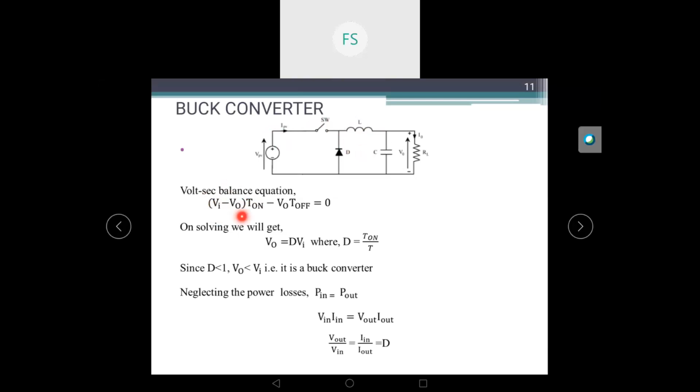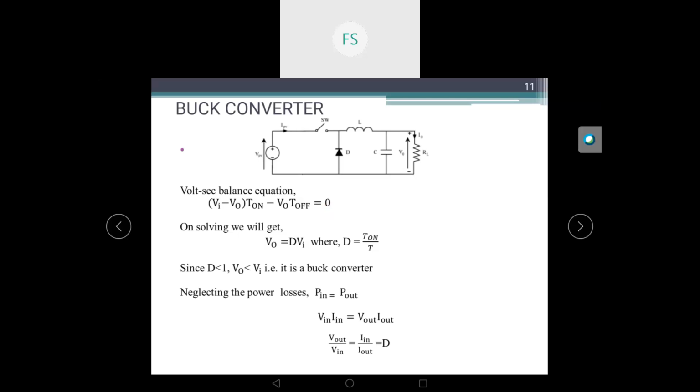So (Vi minus Vo) times T on plus the off voltage across the inductor. Since it will be an open circuit, Vi will not be there, so it will be minus Vo times the off time, T off. So (Vi minus Vo) times T on minus Vo times T off equal to 0 is your volt-second balance equation. On solving, you will get Vo equal to D times Vi. D is known as the duty cycle of the buck converter, that is T on by T.